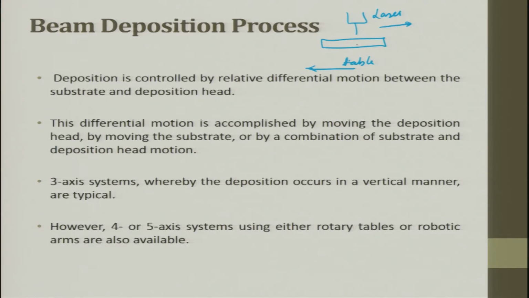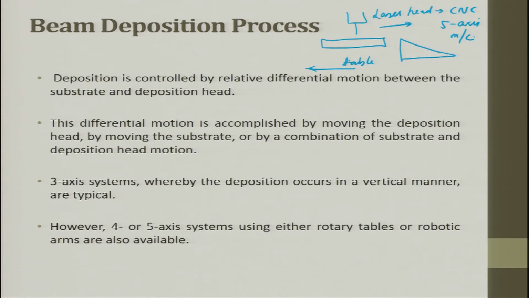But if you move both, what you get is a taper. So what I am trying to say is, you can also have multiple shapes, free-form shapes, by deciding the movement alone. And today the technology has gone so high, the laser head is attached to a CNC 5-axis machine.